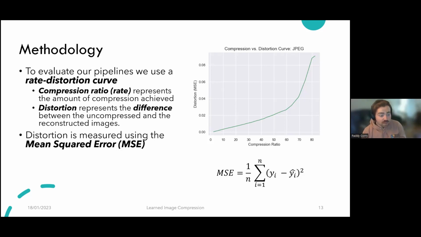Distortion is measured using the mean squared error, or MSE, as I'll be referring to it for the rest of the talk, which is essentially calculating the Euclidean distance between pixels. So it's just getting your two images, going pixel by pixel, and calculating the difference between them, like if they're different colors. It's a straightforward metric.